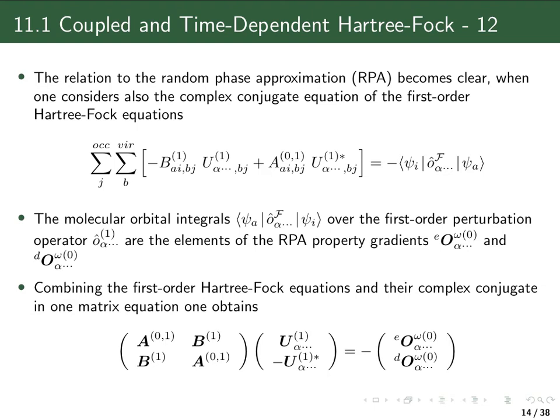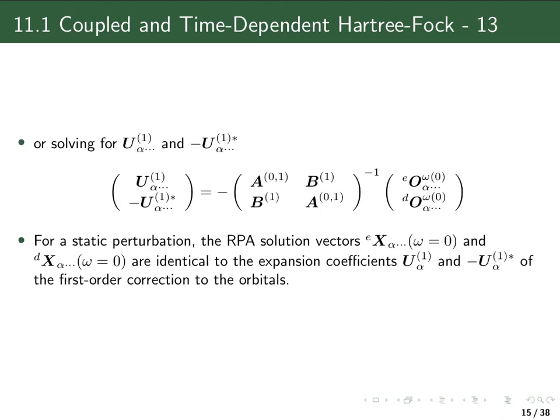of linear equations. We can also write it explicitly out that these U matrices here are obtained by calculating the inverse of what looks very much like the RPA matrix times the vectors of the property integrals.